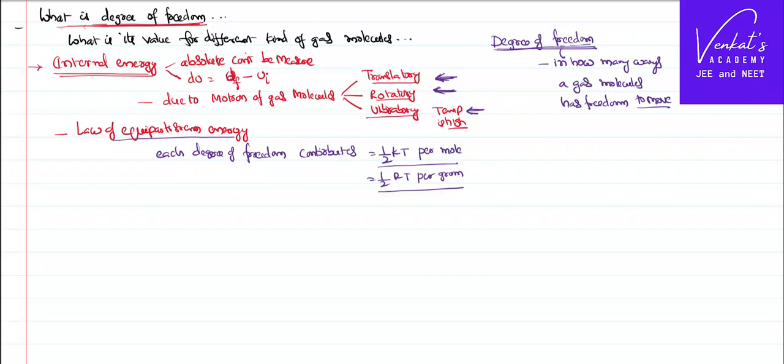Now that you know the basics, we can consider different kinds of gas molecules and see what kind of internal energies they have and correspondingly what we can study. We'll start our discussion with a kind of gas called a monoatomic gas.